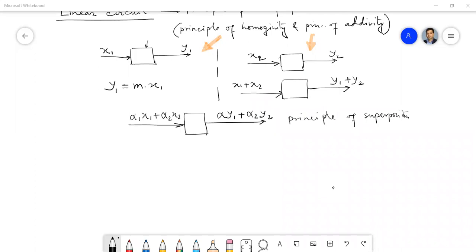For a voltage source, keeping off means you just short circuit it. And for a current source, you just open it. That is what is said in the fourth sentence.